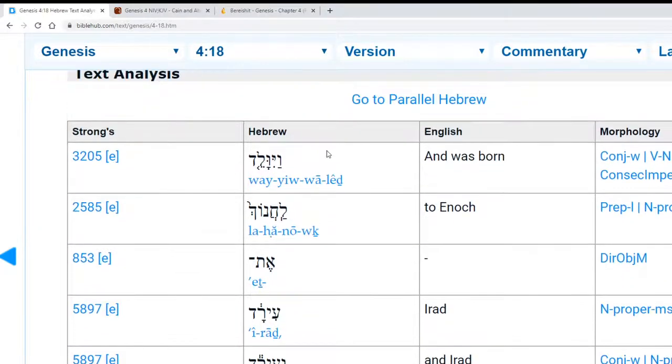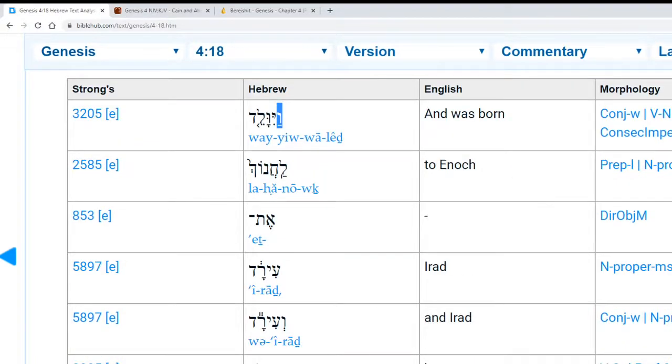Okay. Vayivaled. So this is strange. You'll notice that yalad here, the begat here, is in the kal, but yivaled here, they're saying it's the nifal, vayivaled, and was born.